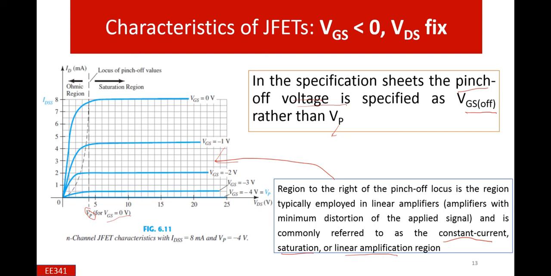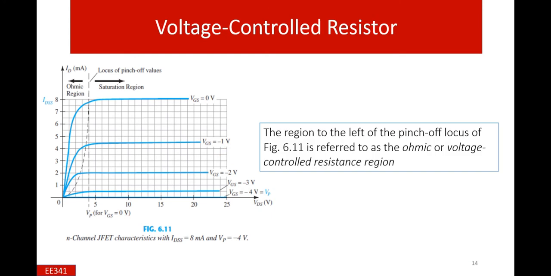We modeled this region in the last slides, and this region is defined as the constant current, saturation, or linear amplification region, whereas the ohmic region is the voltage controlled resistance region.